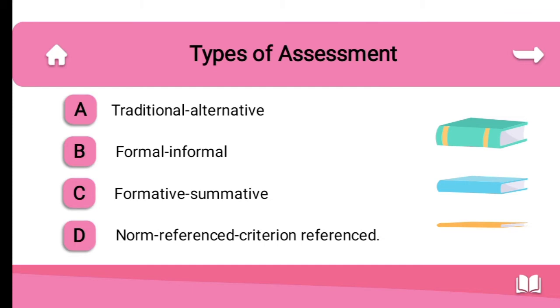And we have norm-referenced and criterion-referenced assessment. Norm-referenced assessment ranks each individual learner in comparison to all others who were assessed. Standardized, formal, high-stakes tests are usually norm-referenced, with each test taker's score ranked in relation to the average score, the middle score, and the percentile of the scores of all who took the test.